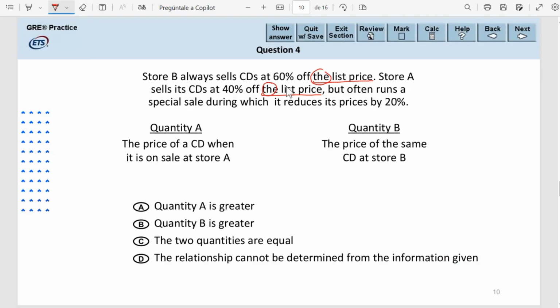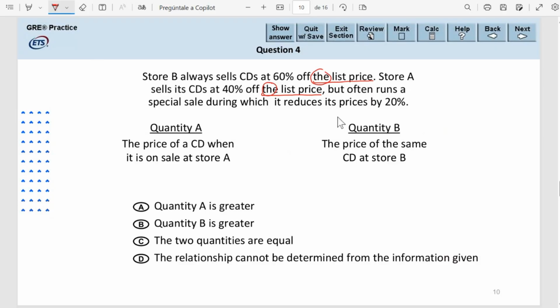That is to say, the price they fix for their CDs is 60% of the list price, and then they add a 20% discount on that price, or simply that the final price for Store A is 40 plus 20, 60% off the list price, the original list price. If you are understanding the second way, then it's a mistake.